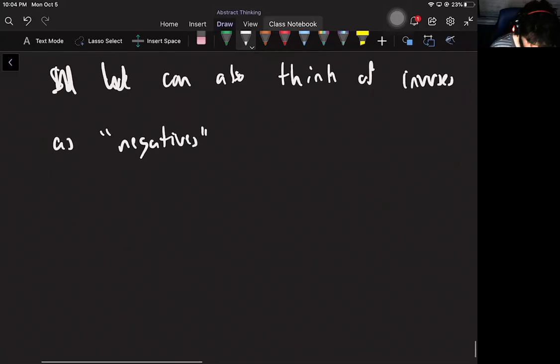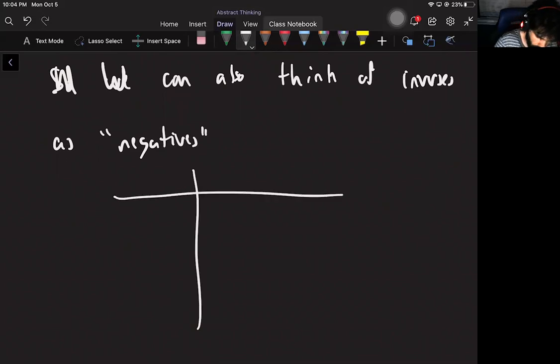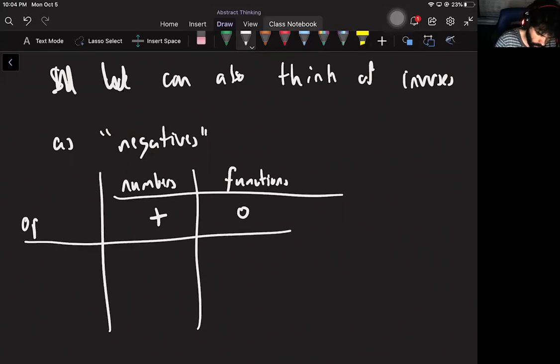So maybe I'll make a little chart. People love charts. So we got our numbers and we got our functions. To stick two numbers together, I could use plus. You can plus them together. And I can think of that as being similar to sticking functions together with a composition symbol. So that's sort of like my operation.